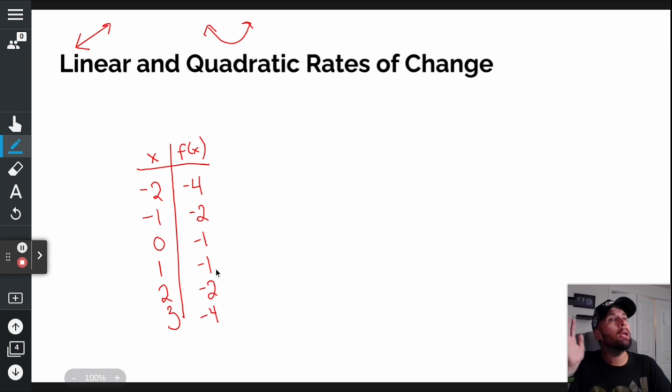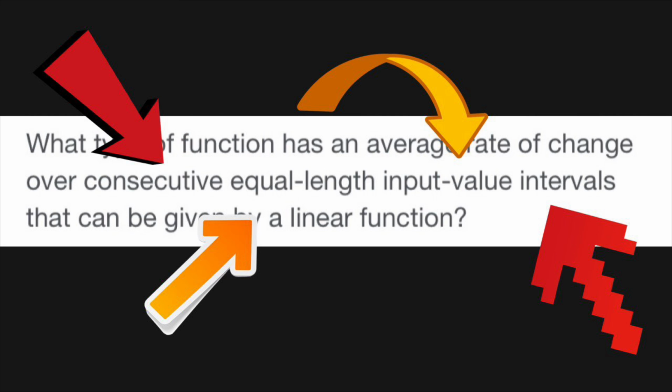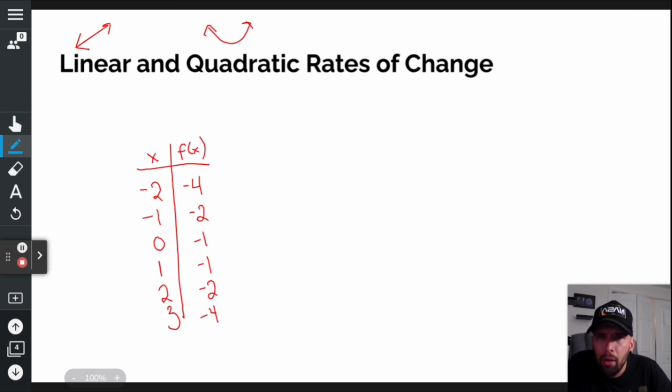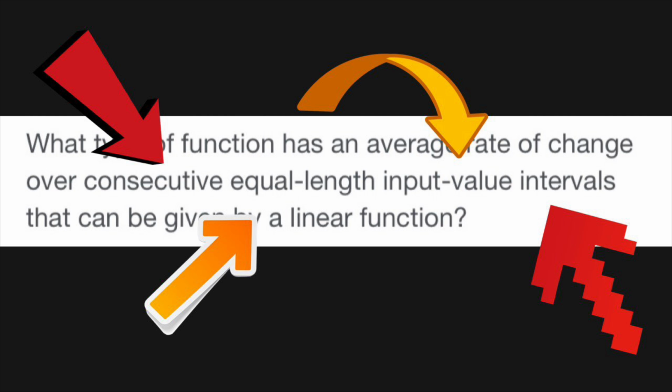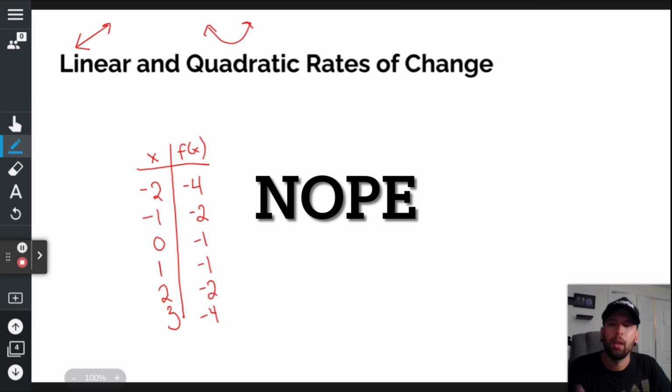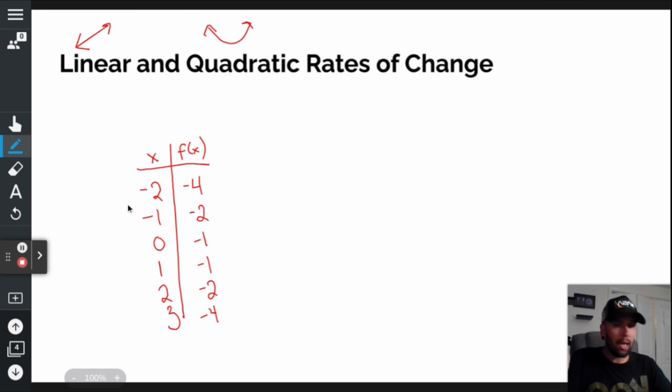Now, AP Precalculus uses an absolutely terrible phrase that I'm going to try to pull out of a hat, and I believe it's called consecutive equal interval input values. What that means is x going up by the same number every time. Yes, which means they're consecutive equal interval input values. Terrible, but that's what that means.